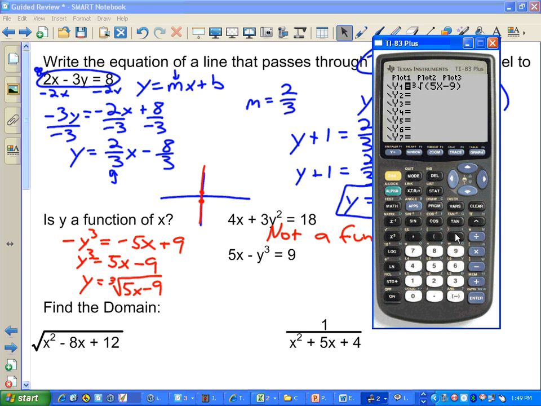Okay, I don't have the plus or minus up front, so I only need to graph this one equation. If I graph it, so let's zoom here. Okay, this is going to pass the vertical line test, because there's nowhere on here where I'm going to have two outputs for one input. Looks kind of close around here. If I zoom in there.